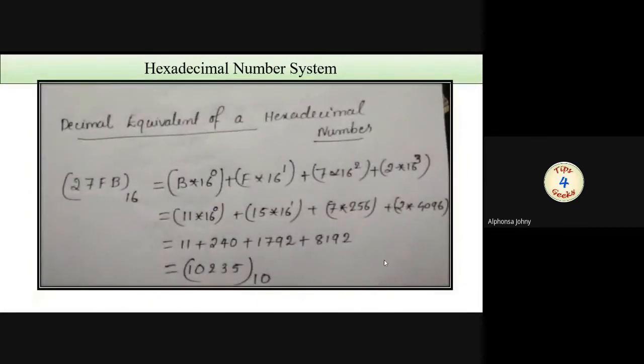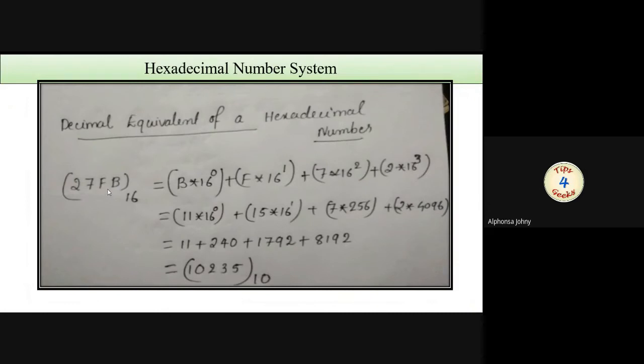Next, we will see how we can convert a hexadecimal number to its equivalent decimal number. It is the same technique which we used for binary and octal numbers, but the only difference is that here we are using the powers of 16. So consider the number 27FB.